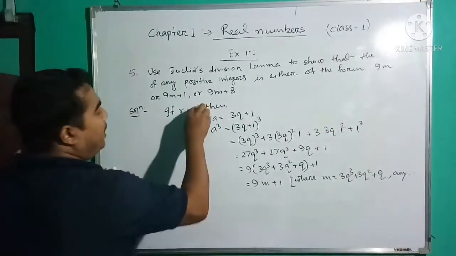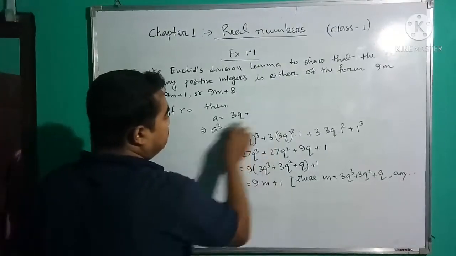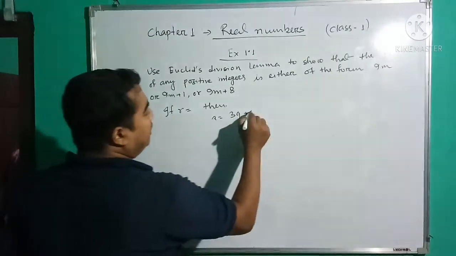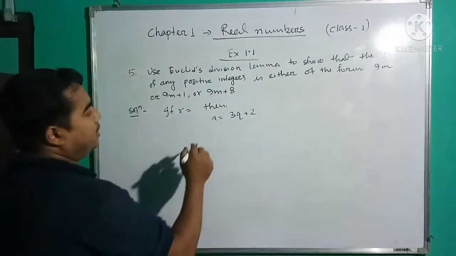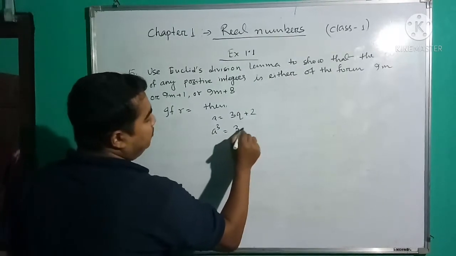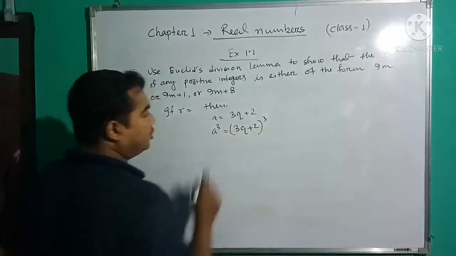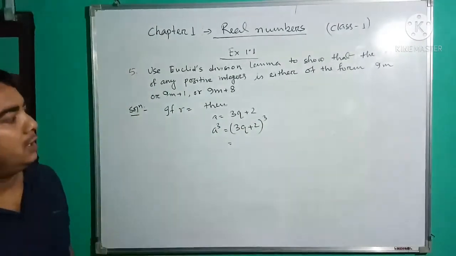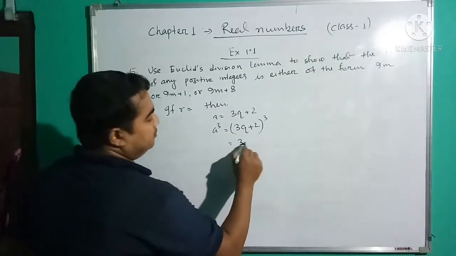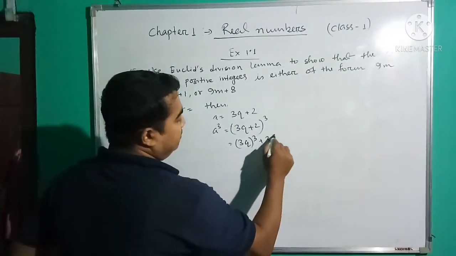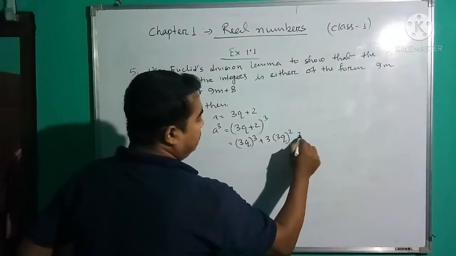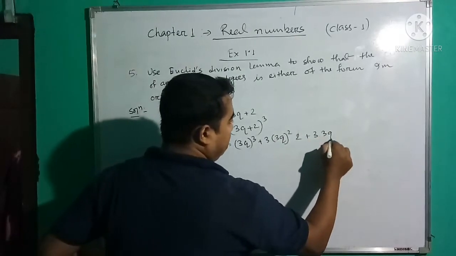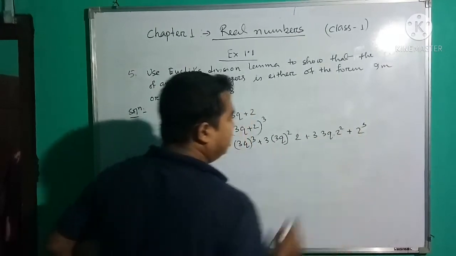See, if r equal 2, then a equal 3q plus 2. Then both sides cube, (3q plus 2) whole cube. Okay, now see again the (a plus b) whole cube formula. (a plus b) whole cube is a cube plus 3 a square into b value 2 plus 3 a b square plus b cube.